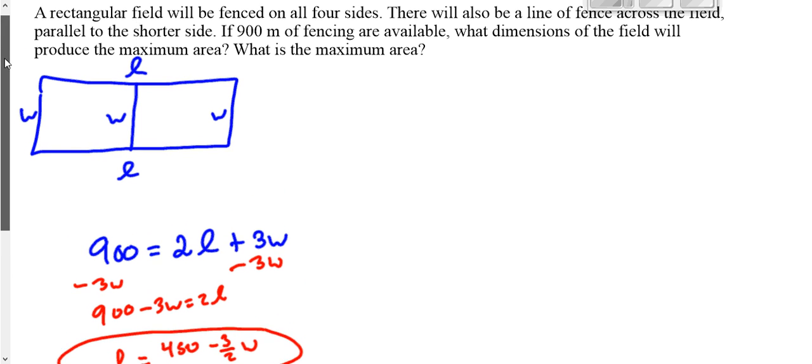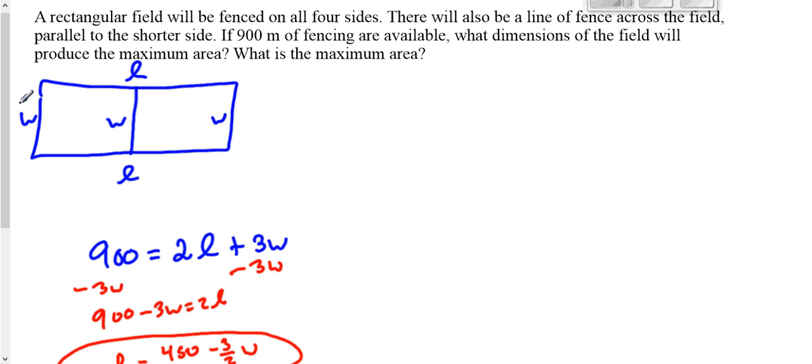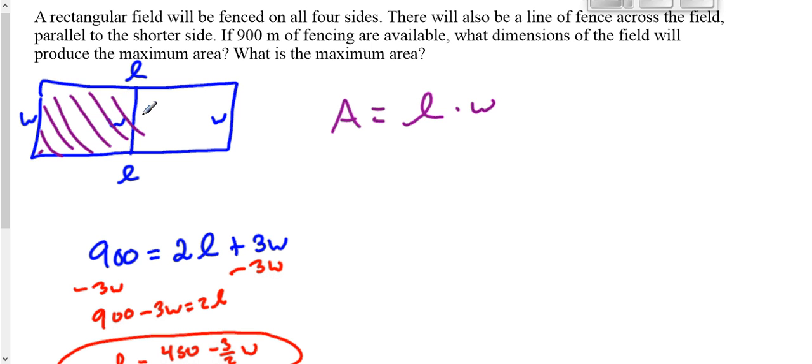We want to find the area of this maximum field. So it's still length times width. It doesn't change anything. Length times width, because we're trying to find the area of the entire field.